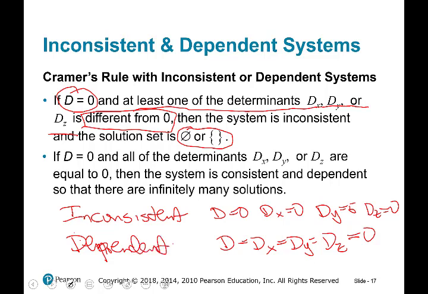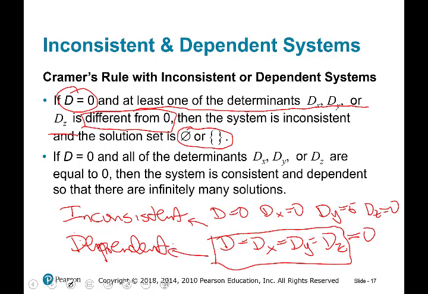Okay, so when you get a 3x3 system, you calculate the 4 values, and then if all of them are 0, it's dependent. If one of them has a number and the rest is 0, it's inconsistent.